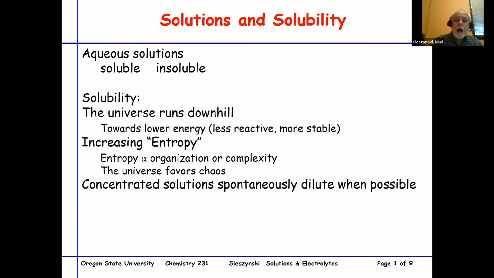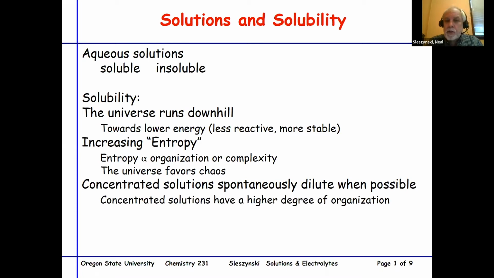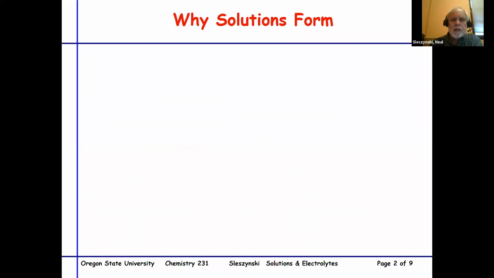Concentrated solutions of chemicals in the laboratory will spontaneously dilute whenever possible because concentrated solutions have a higher degree of organization, and the universe will always try to drive those systems towards less complexity, less organization, more chaos.